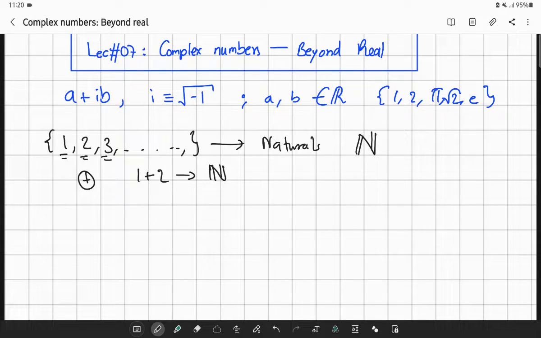And soon we find that we can also do subtraction on natural numbers. But doing subtraction leads us to negative numbers. So these, together with 0, form the integers. So there's an extension to the natural numbers.